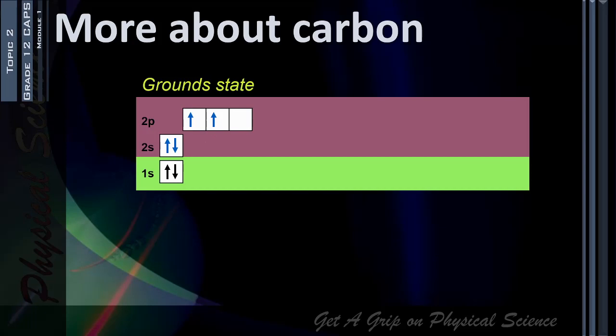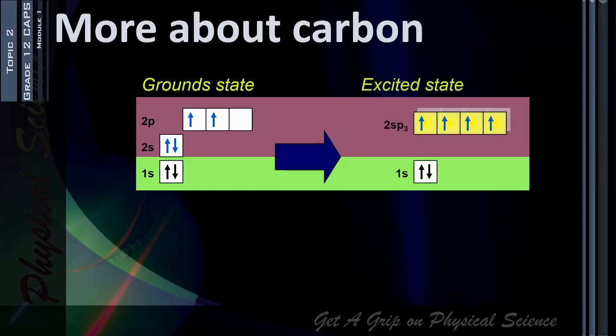So, through different types of hybridization, carbon changes into an excited state, where new sp orbitals are formed with 1 electron in each of these sp orbitals. So carbon now has 4 orbitals with 1 electron in each, so it can share 4 orbitals with other atoms.